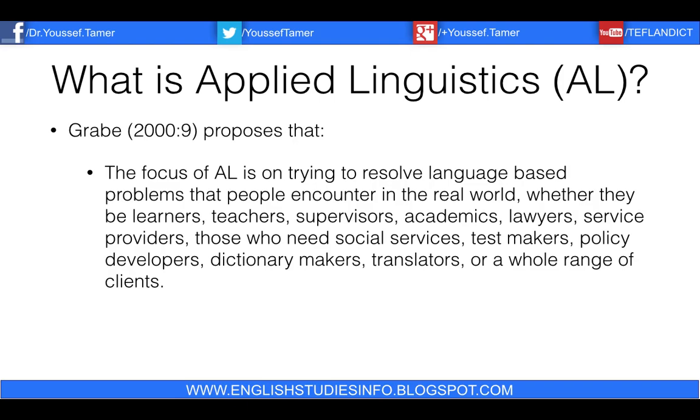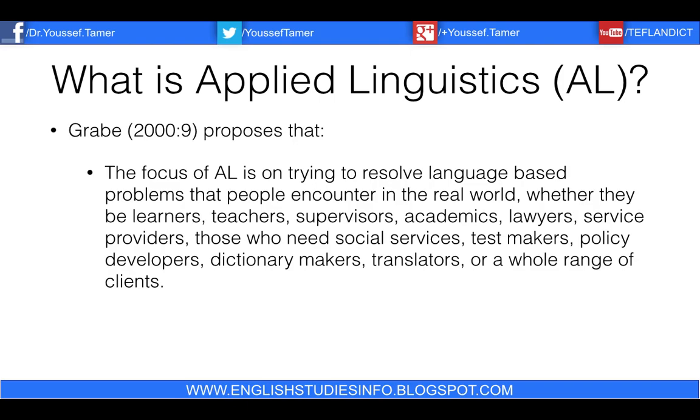So you can see, depending on their field: people who are in law, people who are in teaching, people who are in translation, people who are in computer and technology and language.